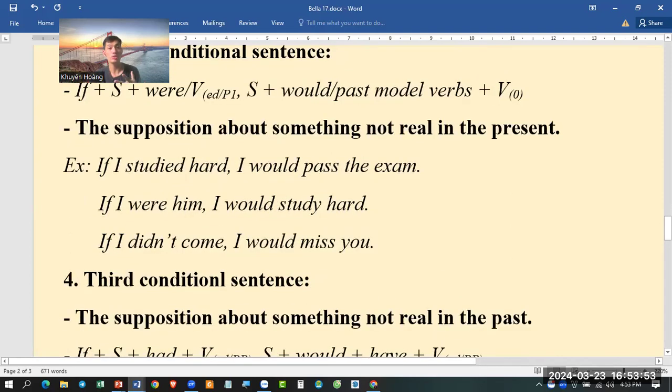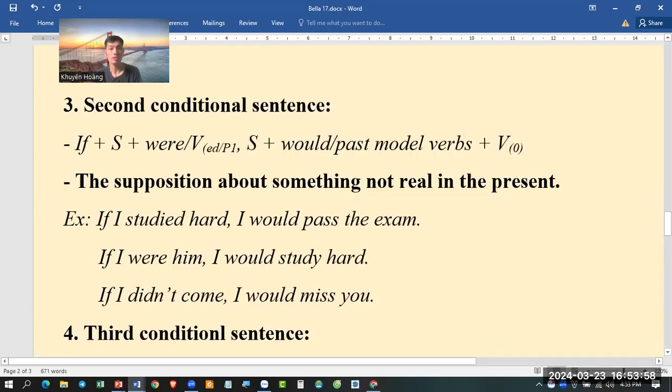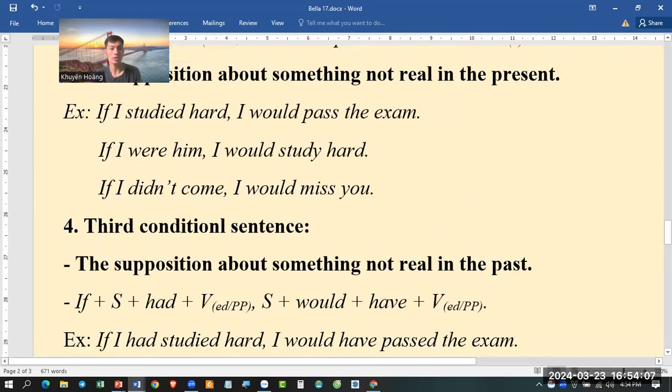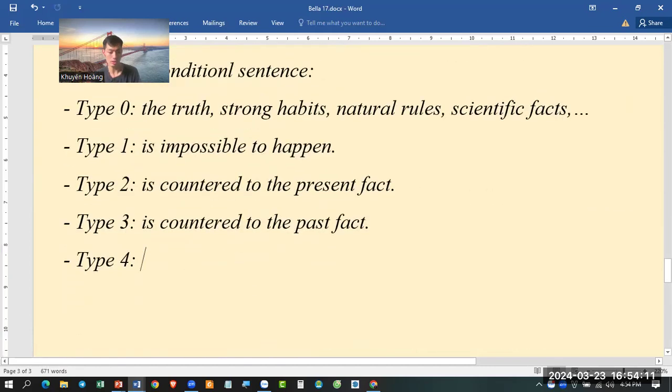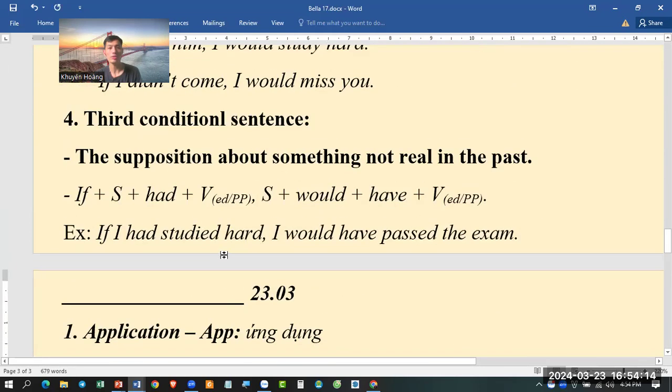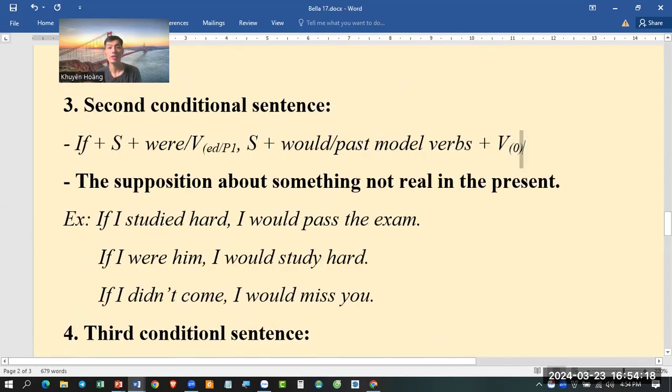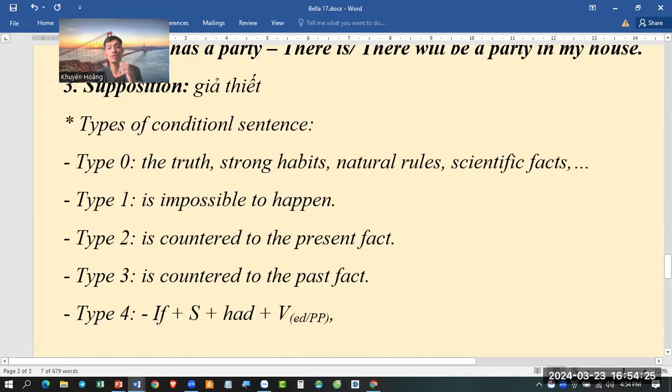The if clause is the structure of the third conditional sentence, but the main clause is the second one. So it is the combination between the two types of conditional sentence.